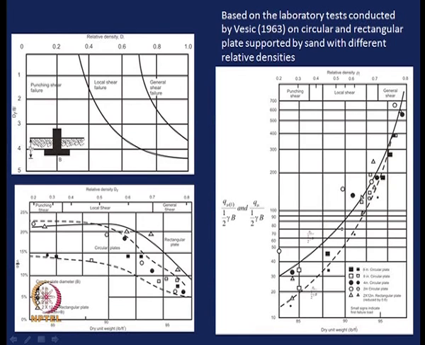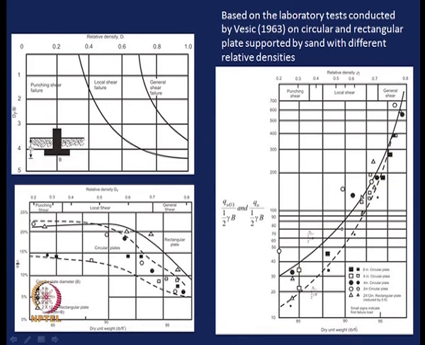If the relative density is greater than 70%, then general shear failure is observed. This is conducted on a particular sand. If the relative density is between 35 and 70%, then local shear failure is observed. If it is less than 35%, then punching shear is observed.